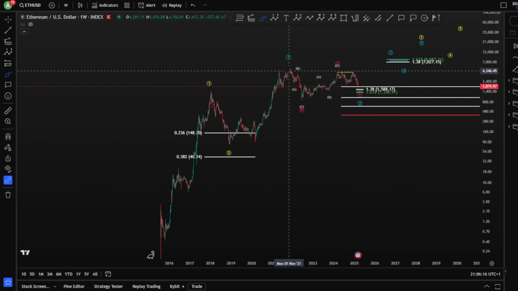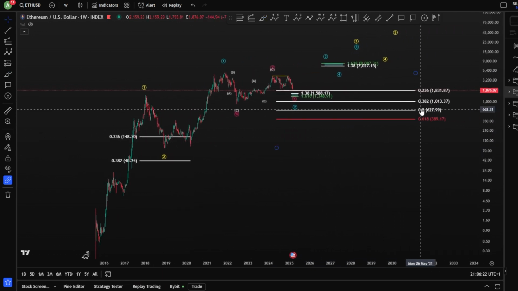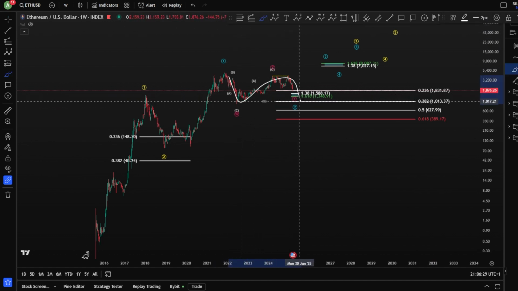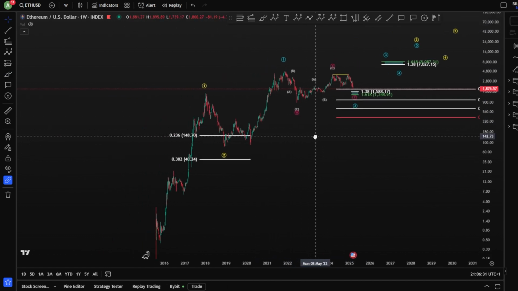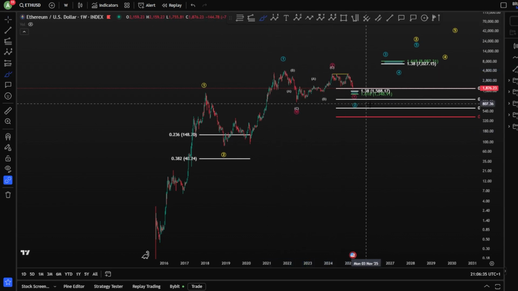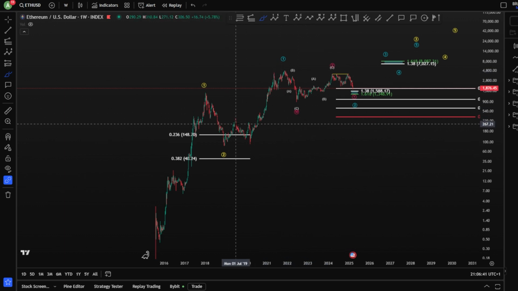That is my problem again with this flat, where it might hit again the 0.38 fib level, which is the minimum requirement, 1000 at least, which can also be possible, but I don't like it as well. I'm still not convinced from 5,000 to 1,000, which is a 20% drop for Ethereum.